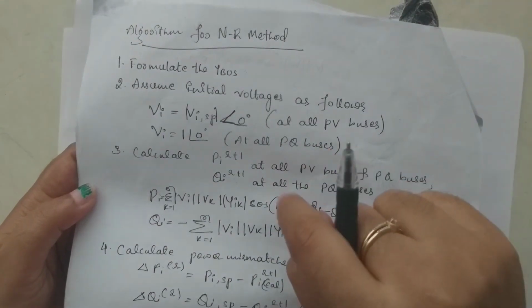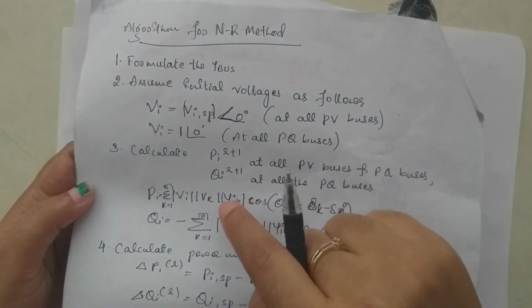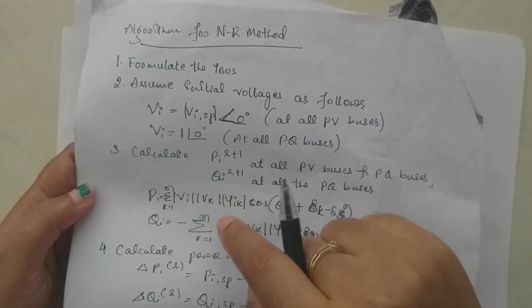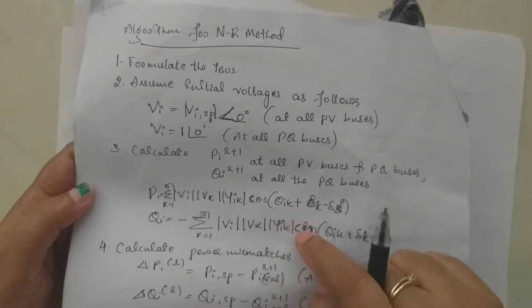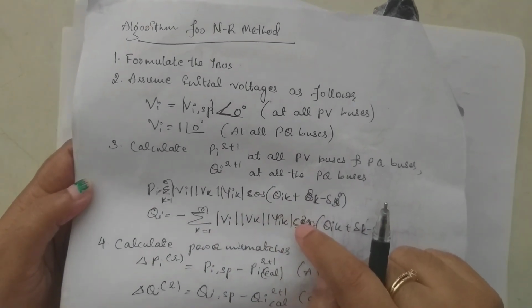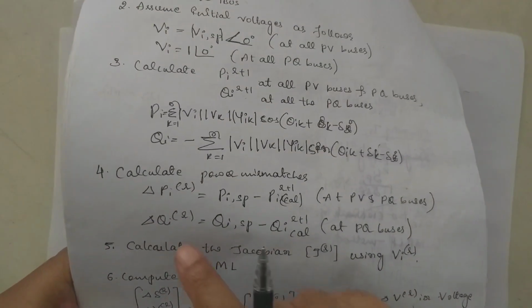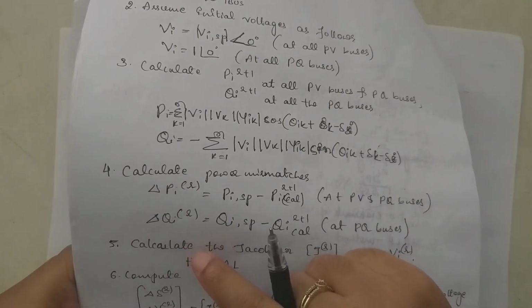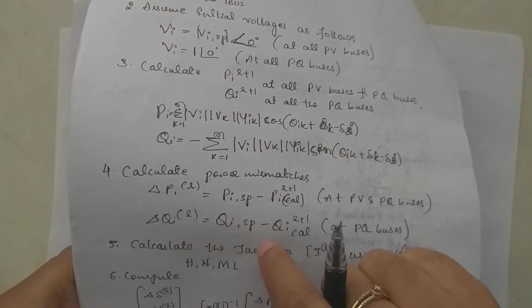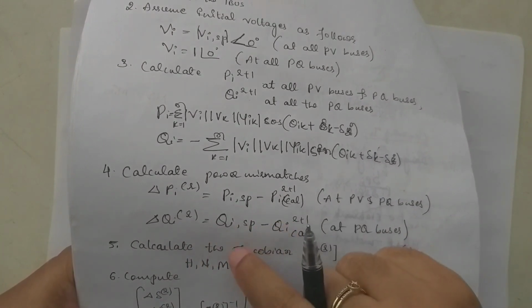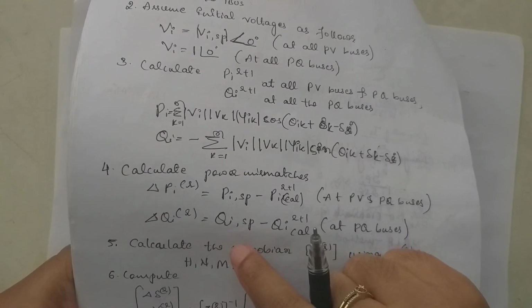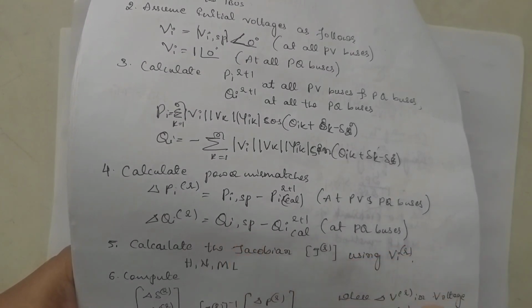For PV buses you need to assume only delta. This is the same as the GS method. Next, we calculate Pi and Qi using these two equations, and then calculate the power mismatches: delta P equals Pi specified minus Pi calculated, and delta Q equals Qi specified minus Qi calculated.